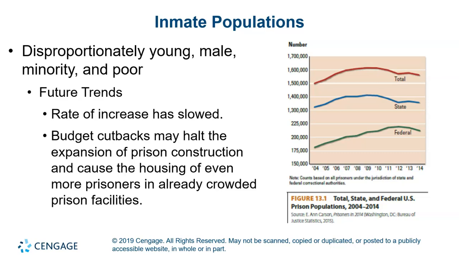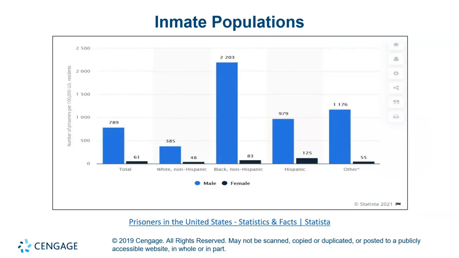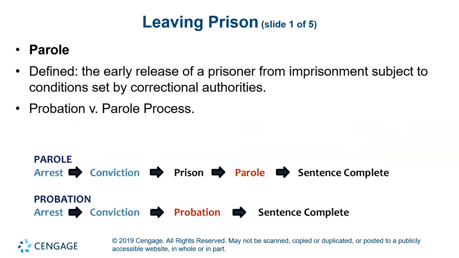So when we're talking about population trends, we have to consider that. And we know that California has the early prisoner release in order to get the prison population down because it's really been so high over all of these years. And I gave you another link to the website Statista, so you could look at prisoners in the United States, and you can look at it by gender, you can look by race, and it's very informative.